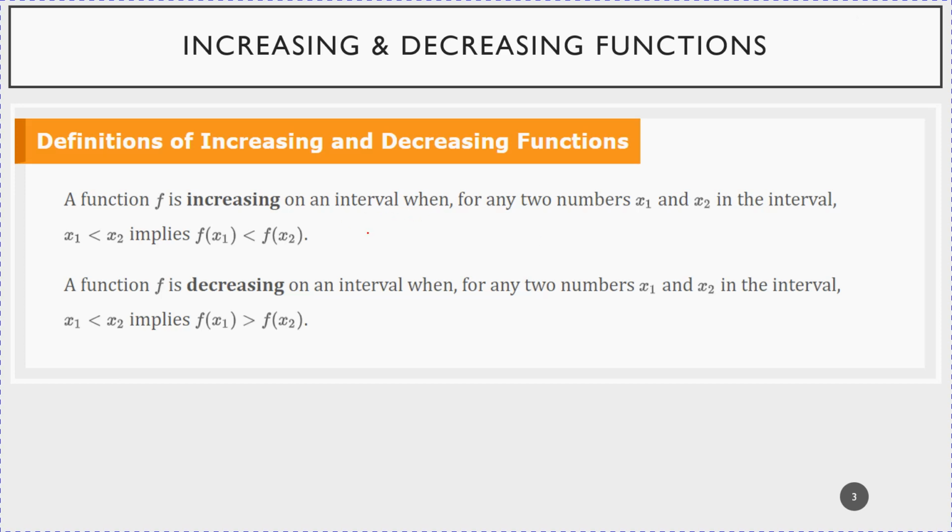What this looks like is, if you have a graph, here's x1, here's f of x1, here's x2, here's f of x2. Really what this is saying is, whenever x1 is less than x2, f of x1 has to be less than f of x2.